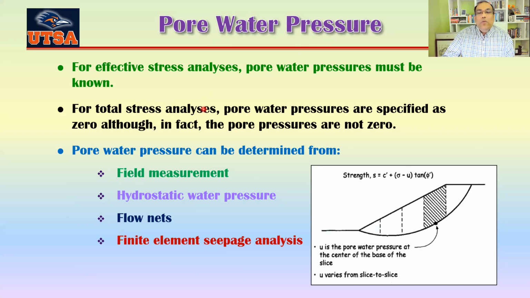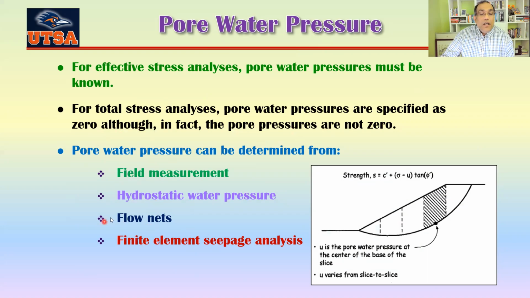So we usually use UU, so phi equal to 0 situation. In that situation, we don't use the pore water pressure as in the field, we just assume that it is 0.